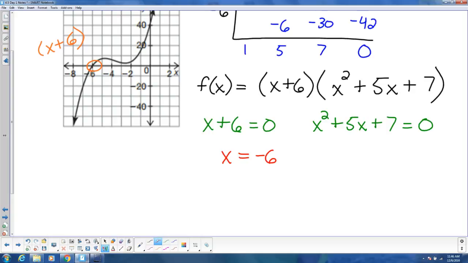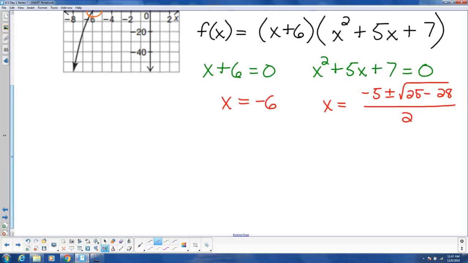So x here is going to equal negative 5 plus or minus the square root of 25 minus 4 times 1 times 7, which is 28, all divided by 2 times a, which is 2. So that is negative 5 plus or minus the square root of negative 3 all over 2.